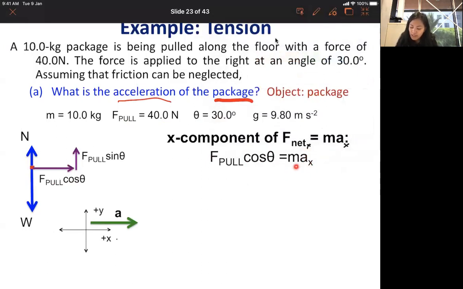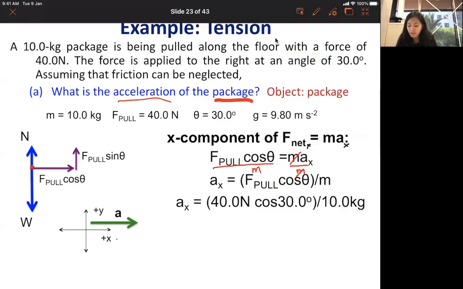Acceleration is tied to the mass via a multiplication, so you have to do the reverse of a multiplication to get rid of the mass. If you divide this by the mass, you have to divide the left side by the mass as well. Something divided by itself is equal to 1, so mass divided by mass cancels out. And you have acceleration equal to F pull cosine theta divided by mass.